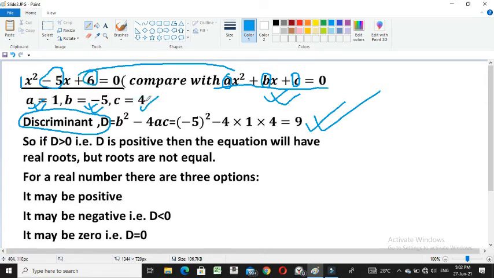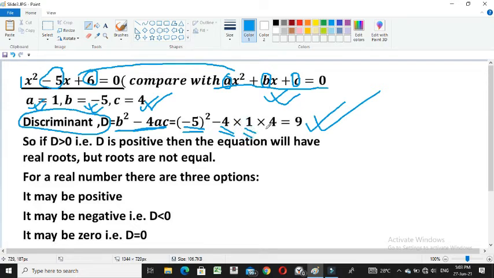And the discriminant is b square minus 4ac. It is a special number. I told you already, it is like the heart of the quadratic equation. So first of all, we have to find the discriminant. So b square minus 4ac. What is b for us? Minus 5, so minus 5 whole square. 4 is from the formula, a is 1, c is 6.